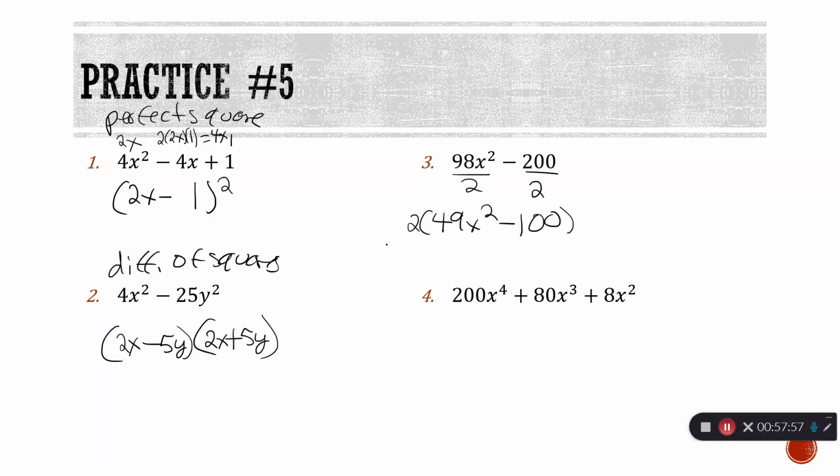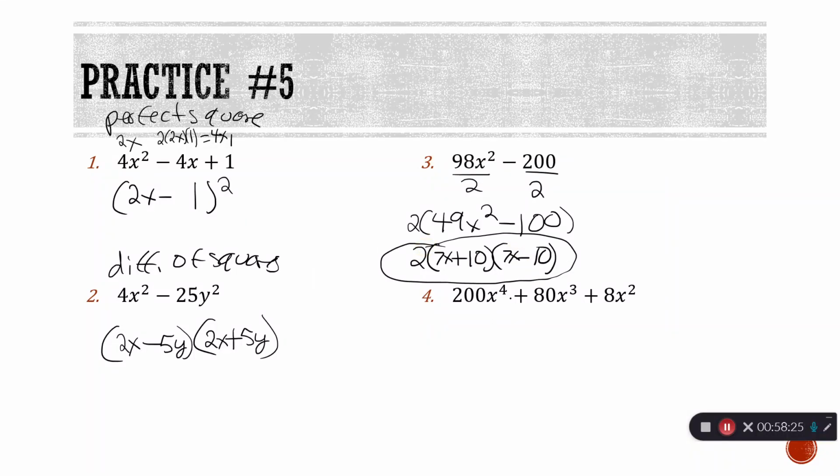Now I can do it. I have to keep that 2 hanging around because it is part of the equation, right? So I just keep that 2 to the side. So difference of squares, 1 positive, 1 negative. Again, it doesn't matter which order you do it. 49x squared, the square root of that is 7x. And 100 is 10, just like that.